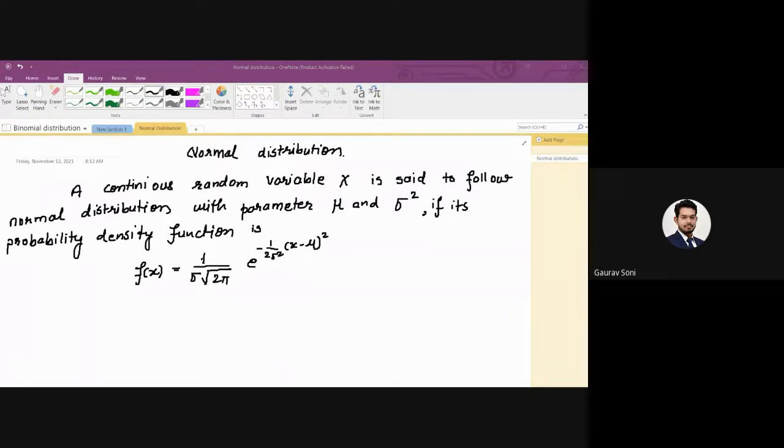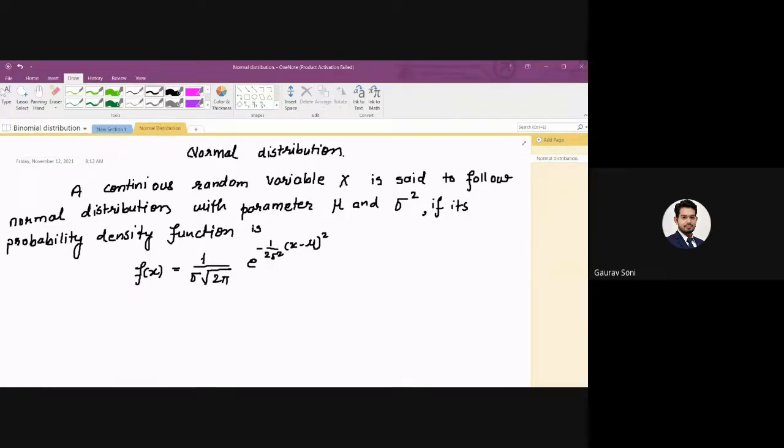Now, if you want to find the probability in the interval, say 1 by 2 to 3 by 2, what will I have to do? For a continuous random variable, this is the probability density function.